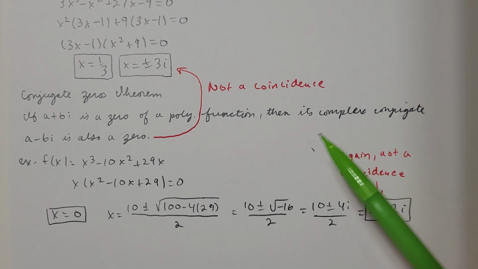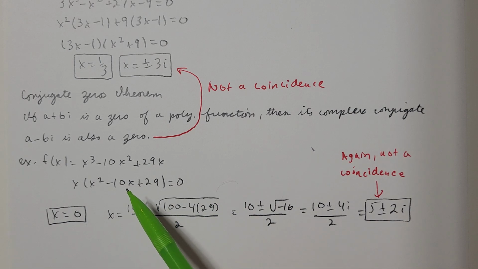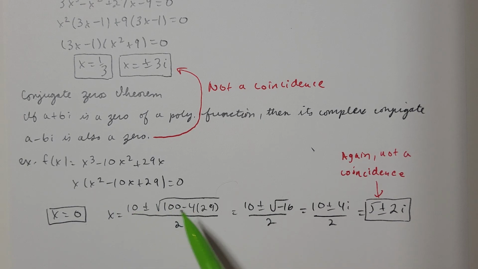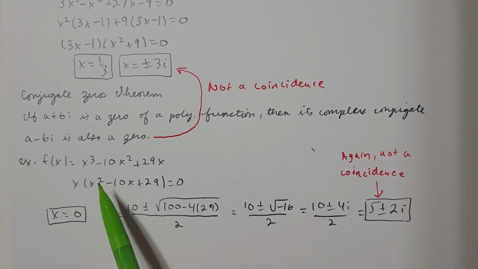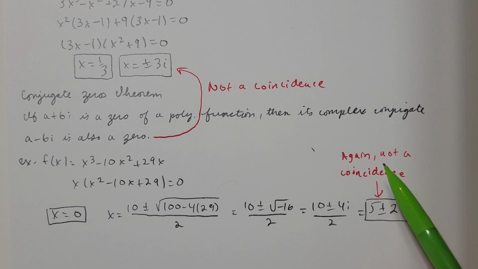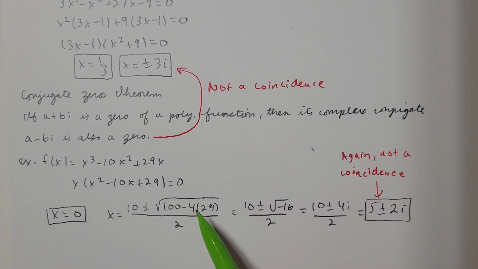So I would use the quadratic formula next. x is equal to the opposite of b, which is 10, plus or minus the square root of b squared, negative 10 squared is 100, minus 4 times a, which is 1, times c, which is 29, all over 2a, 2 times 1 is 2. 100 minus 4 times 29 is 116. 100 minus 116 is negative 16. And the square root of negative 16 is an imaginary number, right?